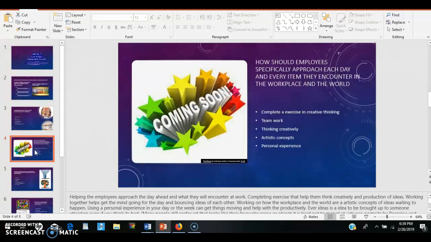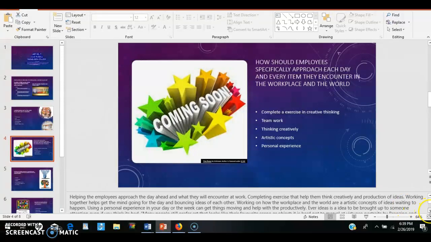How should employees specifically approach each day and every item when encountering the workplace and the world? Helping employees approach the day ahead and what they will encounter at work. Completing exercises that will help them think creatively and produce ideas. Working together helps get the mind going for the day and bounce ideas off each other.